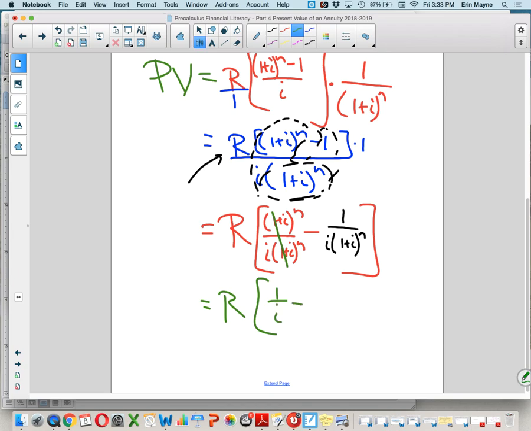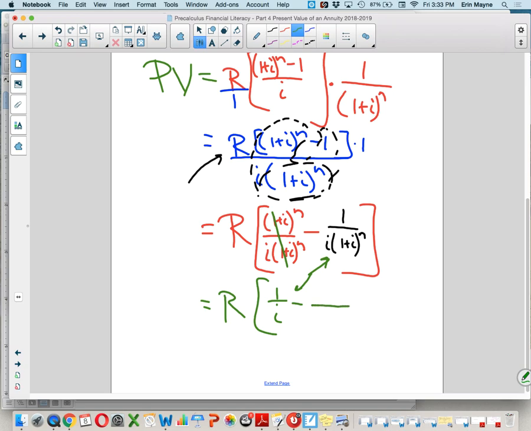minus, now watch this here, this is going to be important. Notice that in order to add or subtract fractions, I need there to be a common denominator. So if you notice here in the black denominator, I almost have the i that I have down here in the green denominator.